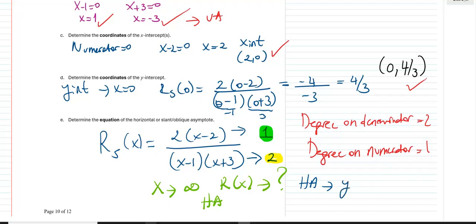So horizontal asymptote will be y equals 0, because the denominator degree is higher.